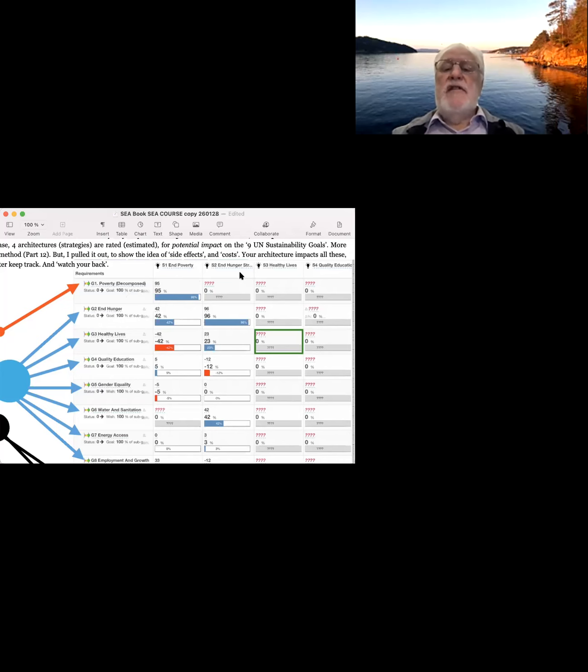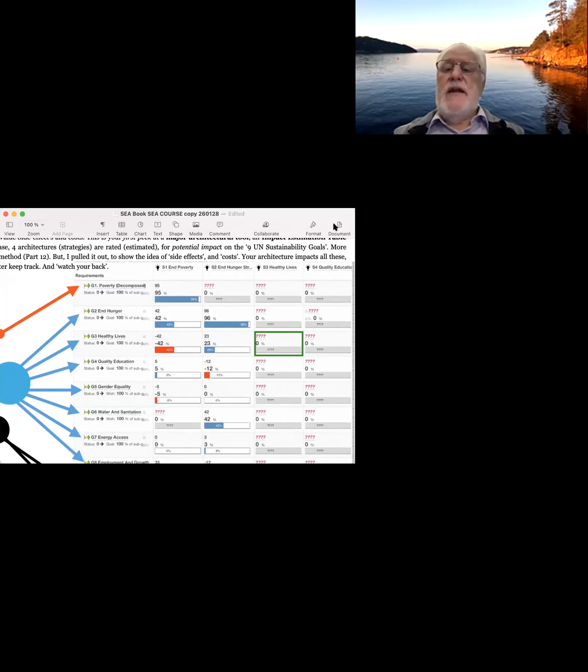Now, since we're solving the problem of all the United Nations goals at the same time, we have a strategy for ending hunger, which is one of the goals, this one. And we have a strategy for healthy lives, which is this goal, etc. So for every major goal, we have a set of strategies for dealing with them. And this set of strategies here is our total architecture for attaining our set of United Nations goals, maybe for Norway, for example.